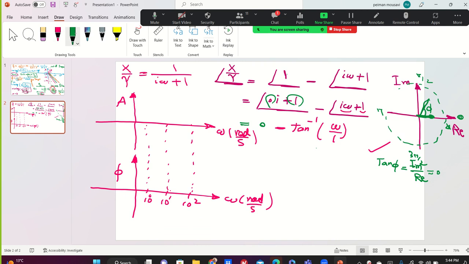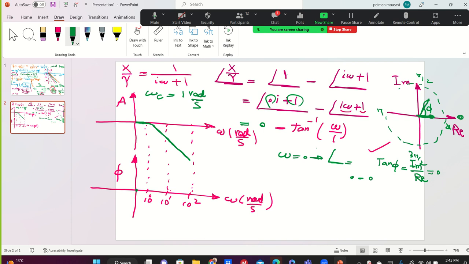So we plotted the amplitude for this specific problem where tau was 1, like this. This is a low pass filter, and we have found the cutoff frequency for this was 1 radian per second. Okay. Now, let us change the omega. When omega is 0, the phase angle of x over y is 0 minus 0, because tangent of 0 is 0.